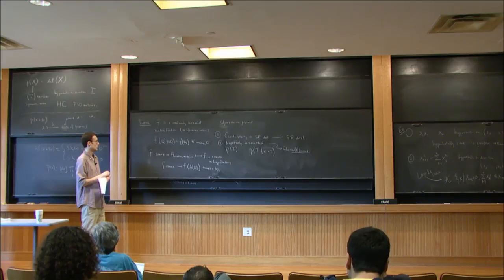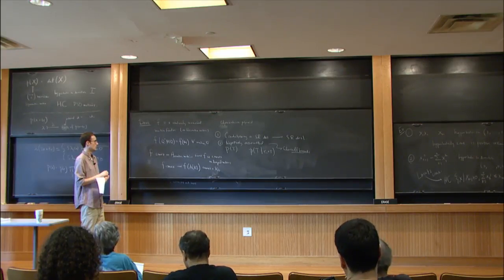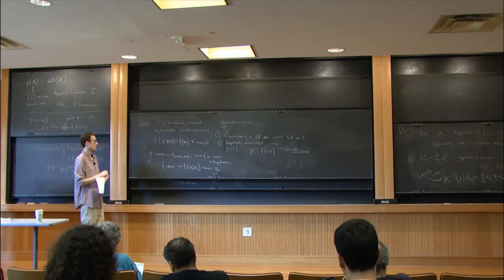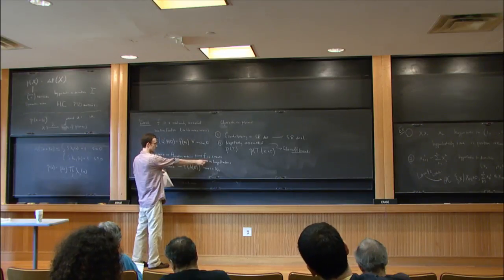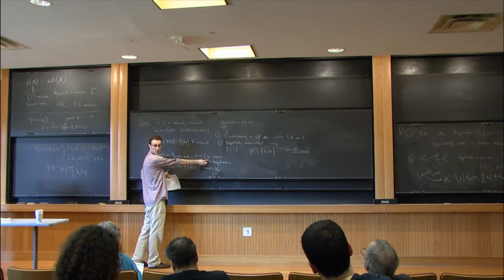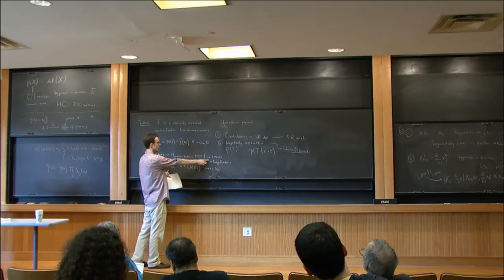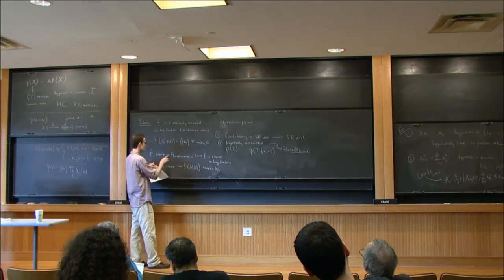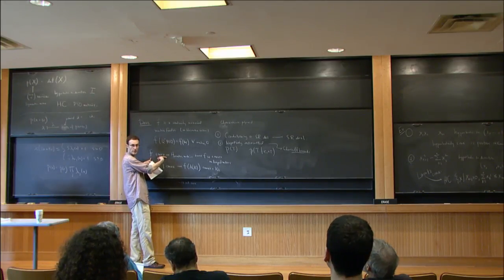Because what does the left-hand side mean if it's a function of matrices? I mean, clearly, diagonal matrices are Hermitian. So this is saying that F is a convex function, just plugging in numbers. And so F being convex on the diagonal implies that F is convex as a function of Hermitian matrices.